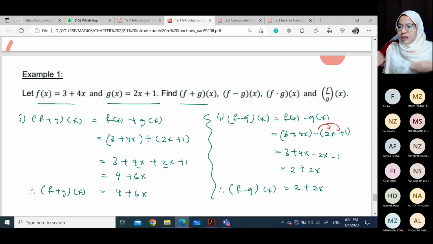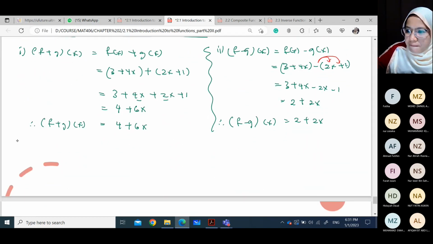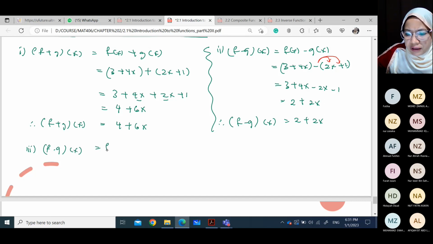Okay, boleh? Okay, cuba buat yang ni untuk multiplication and division. Okay, number 3, f dot g, it is about function f times function g.